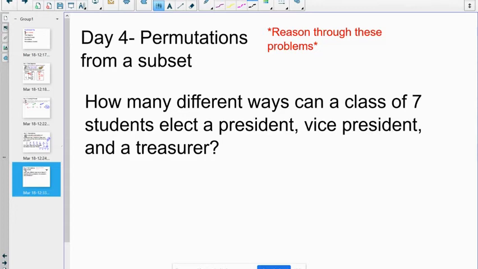First step, we draw our slots: a slot for president, a slot for vice president, and a slot for treasurer. With 7 kids and no one picked yet, there are 7 possible people for president. Once we've assigned a president, there are 6 people left to be vice president. And then it goes on for treasurer.